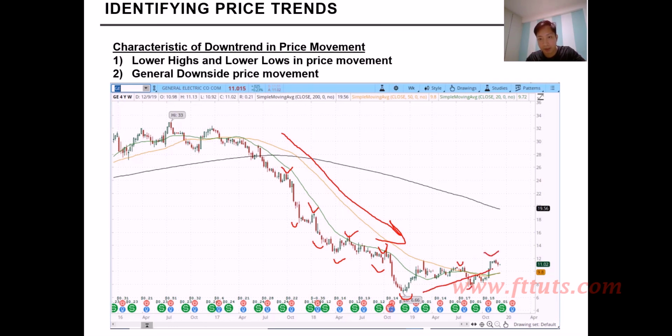So this is probably a sign that the market may be changing direction soon, and especially when you go above the 50 SMA, there will be signs that this could be a change of trend, right? For General Electric, for example, over here. Understand? So we say that the price is in a downtrend, but now at the bottom, it's no longer in a downtrend. There are signs of it turning back into an uptrend.